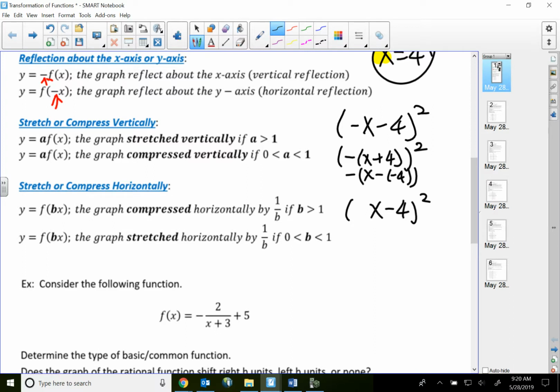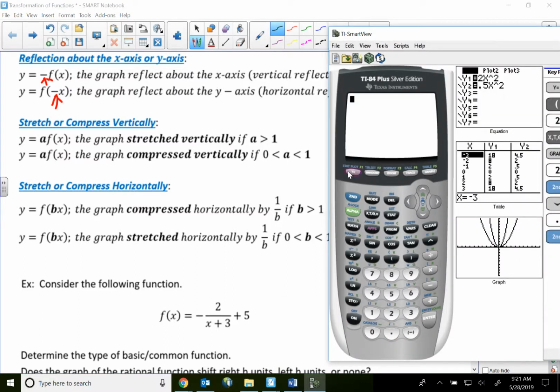So imagine I pick a coefficient in front of my x inside the function to be bigger than 1. Let me do a 2. 2x minus 4, whole thing squared. This is actually going to be compressed horizontally. What does it mean, compressed horizontally?